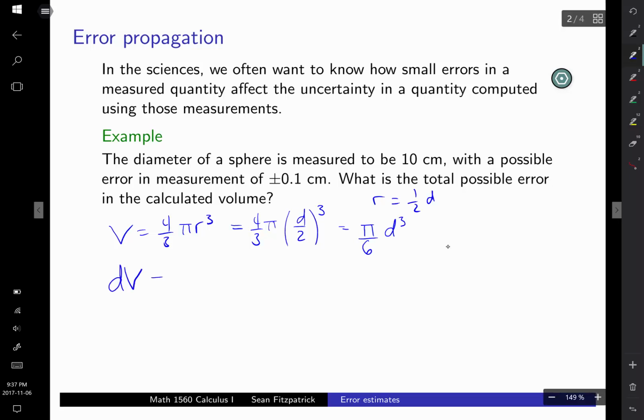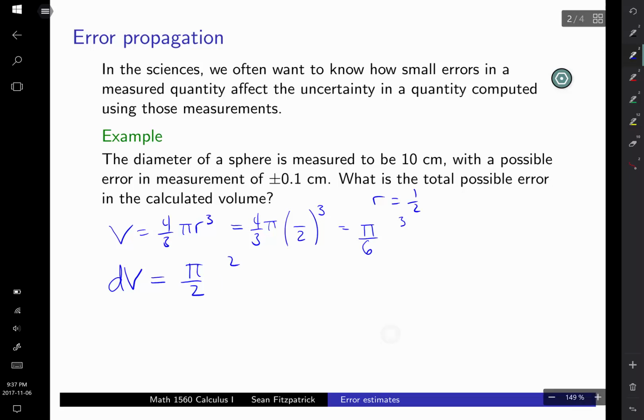Now we can calculate dV, the differential. We just do the power rule: the 3 comes down, and I get pi over 2 times d squared times dd. This is kind of awkward. I should have chosen a different letter for diameter, otherwise I'm going to have dd, which is weird.